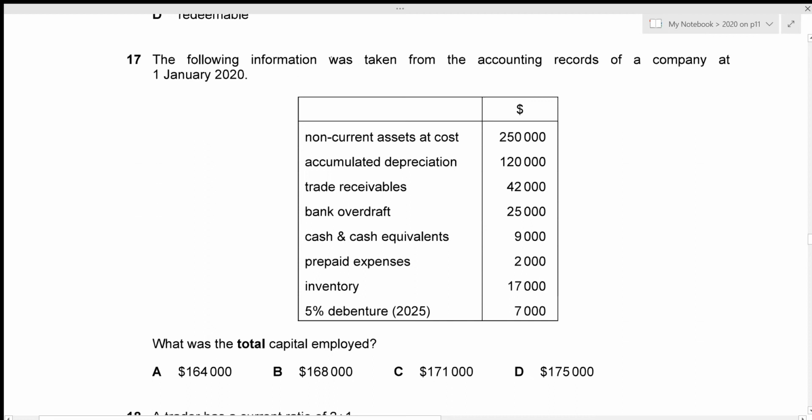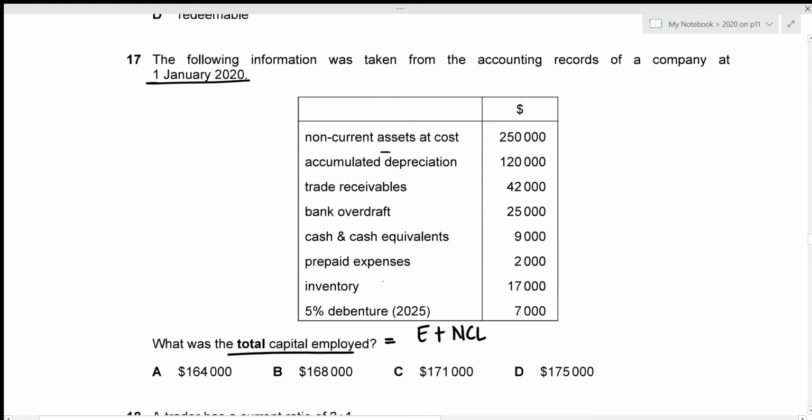The following information was taken from the accounting records of a company at 1st January 2020. We need to figure out the total capital employed. Capital employed is just going to be the equity plus the non-current liabilities. Now we are given assets, accumulated depreciation, trade receivables, which is again an asset, liabilities, asset.